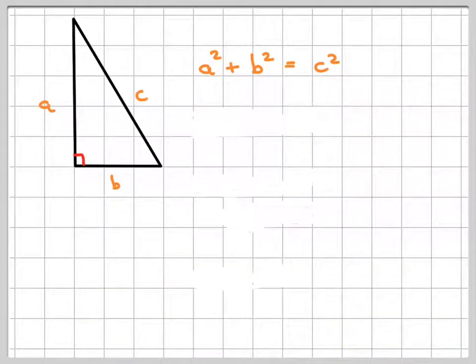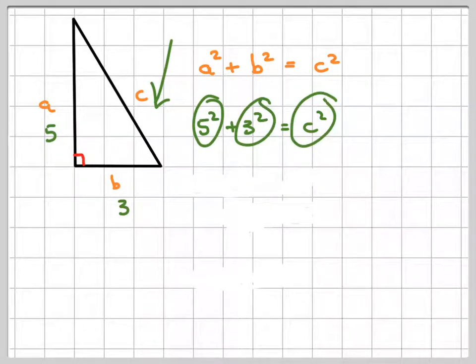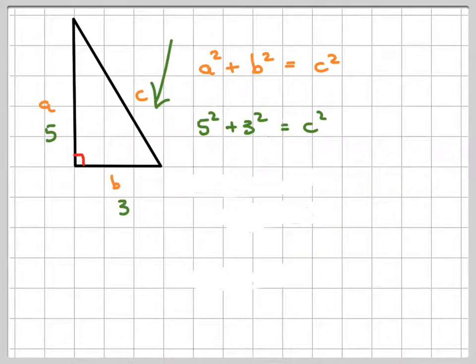Let's look at another one. Here we have, again, a right angle. And let's go see what the values are. We've got a 5 for A, and B is 3, and C we don't know. So 5 squared plus 3 squared equals C squared. Okay, 5 squared we know is 25.